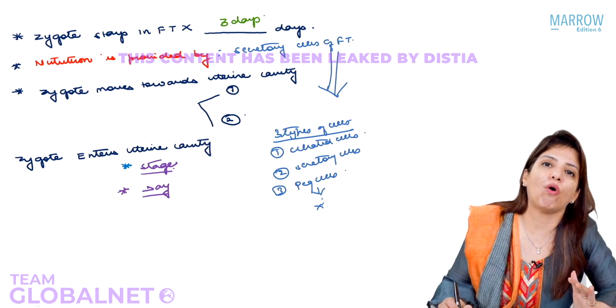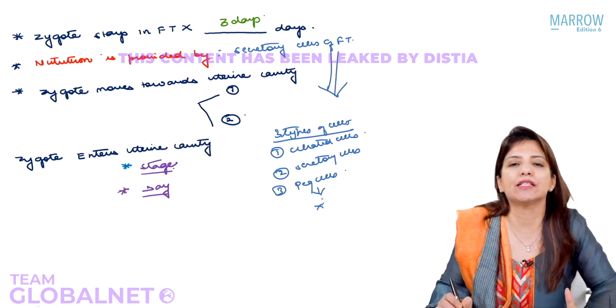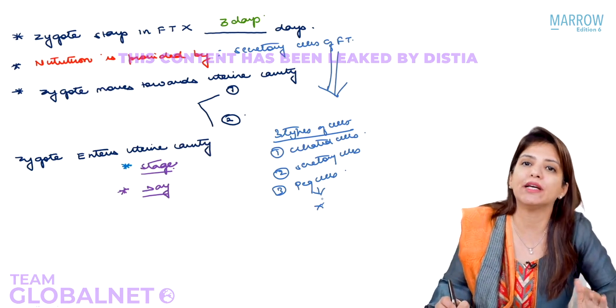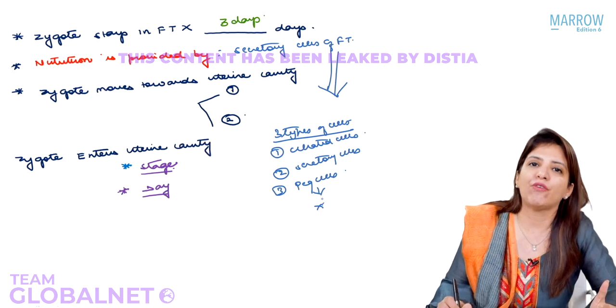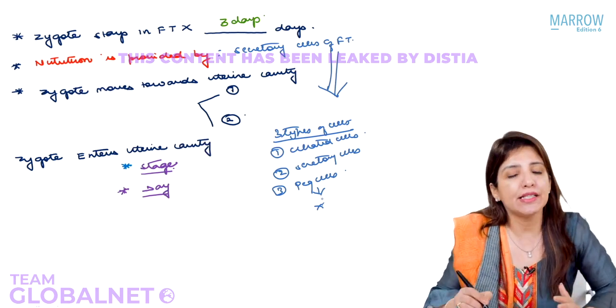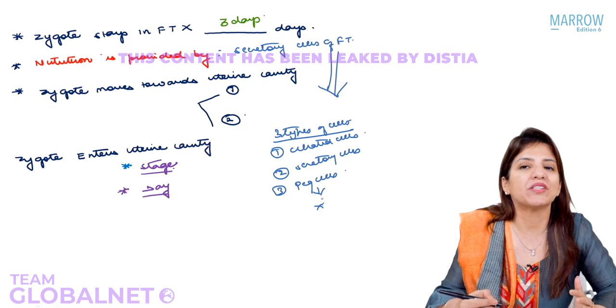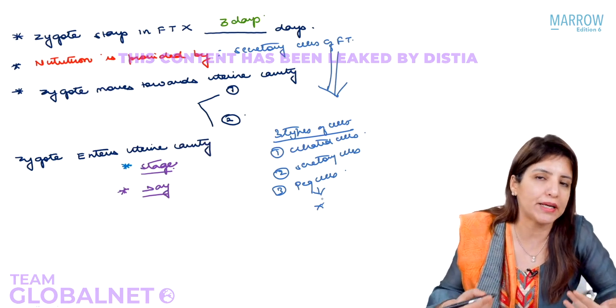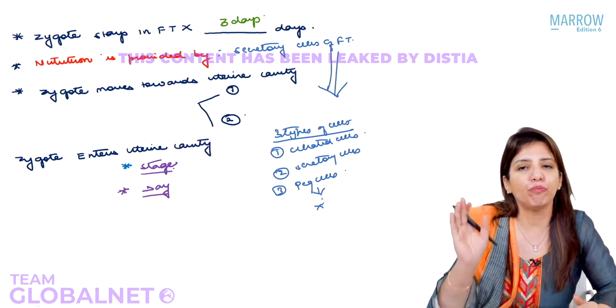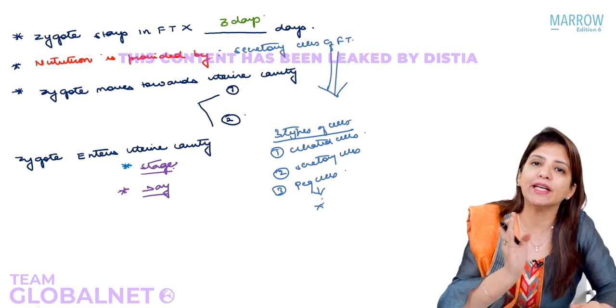What is the function of secretory cells? The secretory cells are providing nutrition to the early zygote. And what is the function of these ciliated cells? These ciliated cells, along with the peristalsis which is happening in the tube, help to push the zygote towards the uterine cavity.